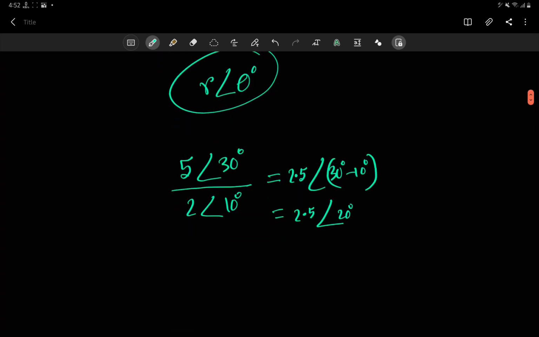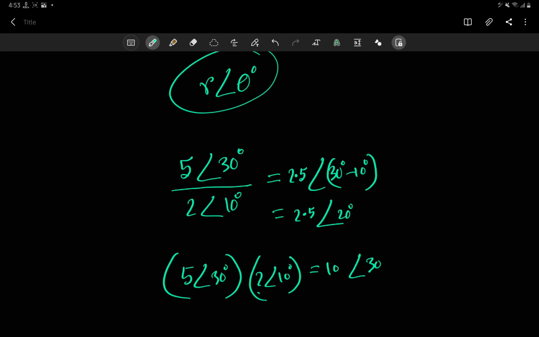And if you want to multiply two numbers, all you have to do is multiply the radiuses: 5 times 2, 10, and 30 degrees plus 10 degrees, that is, in total 40 degrees. So this is how we multiply two numbers.